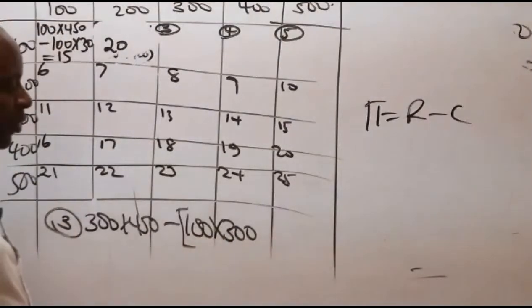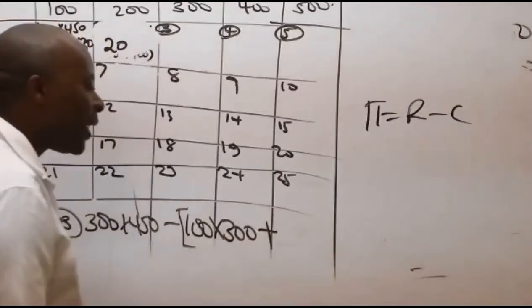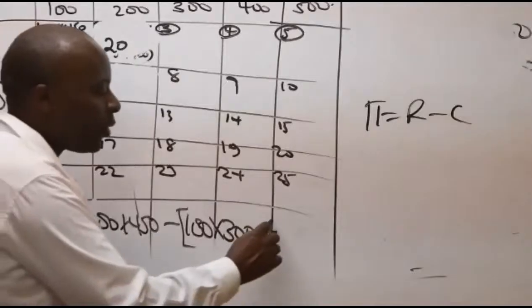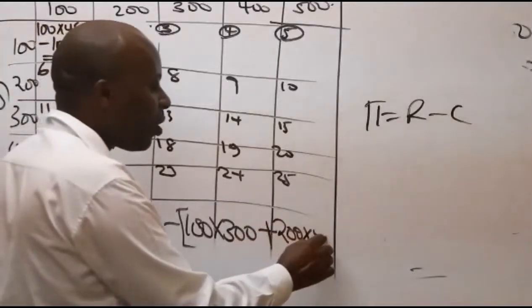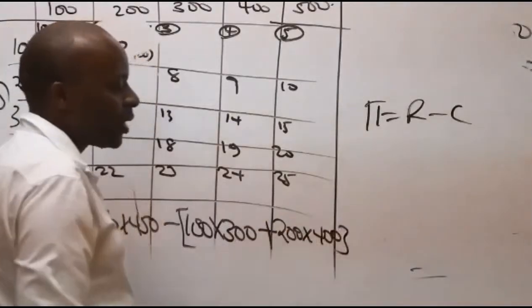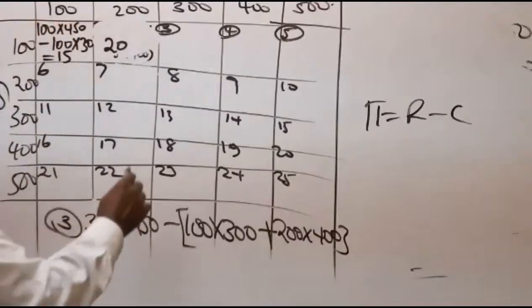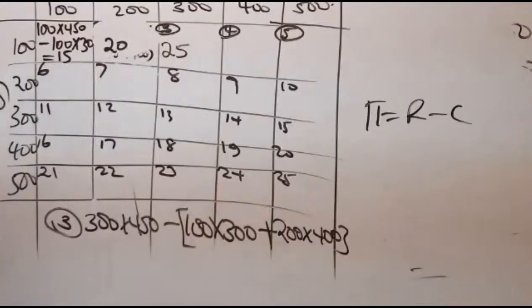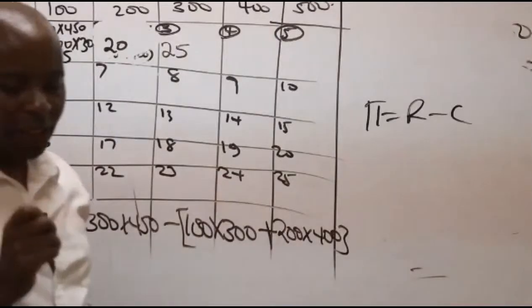Plus, we've got this other excess. In total we want to sell 300, so the excess 200 has to be at a higher cost, which is 400. And I can see somebody telling me that, Mwalimu, your answer will be 25. Thank you very much. I can see students now who are really following.